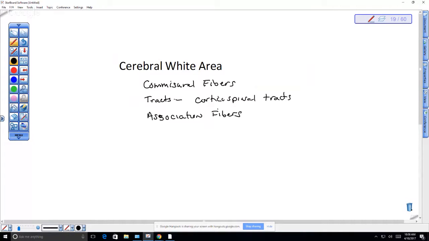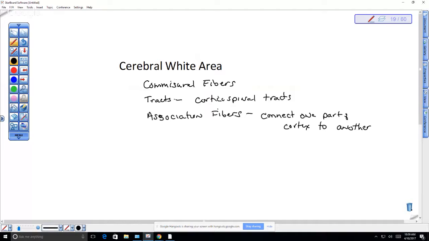And the association fibers go from one part of the cortex to another. So they connect one part of the cortex to another. This is the basis for association areas, but it could also be the basis for synesthesia if they somehow get connected by the association fibers.